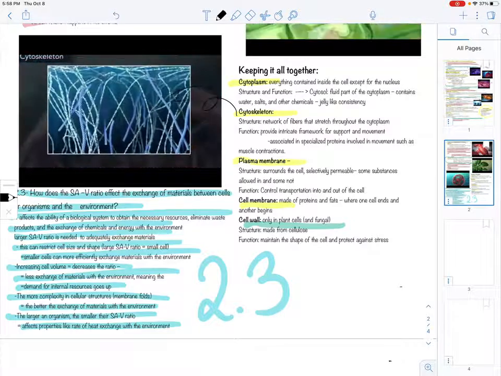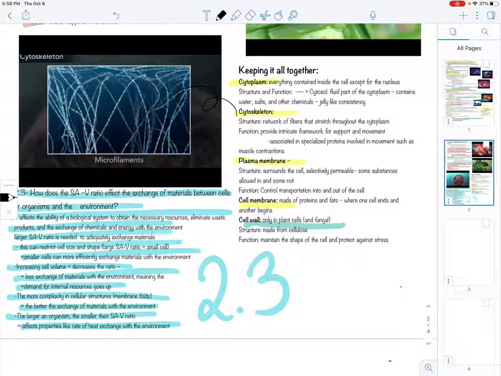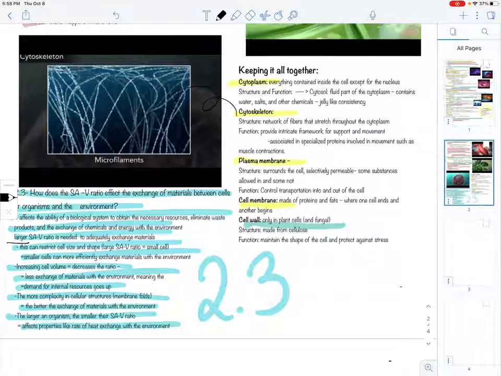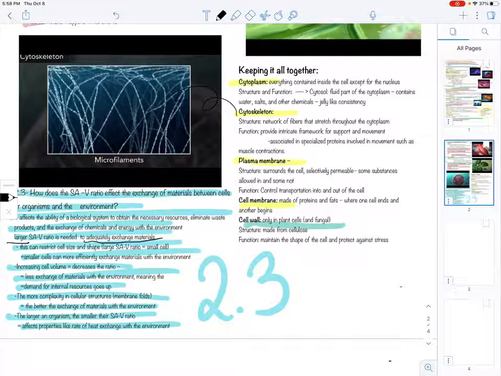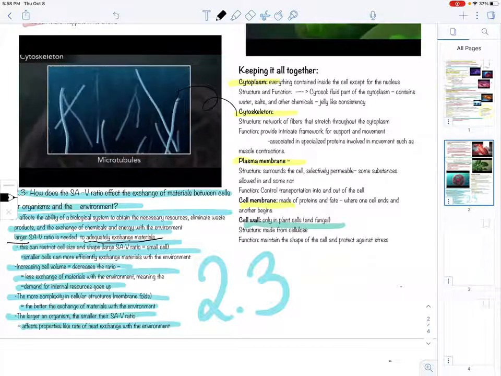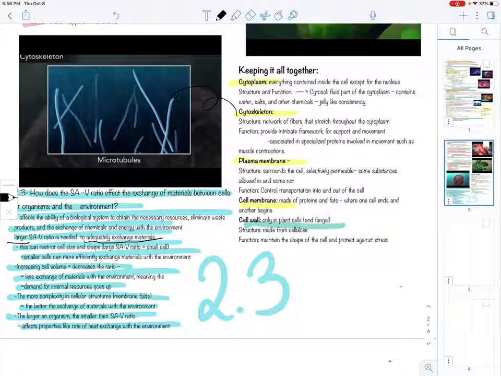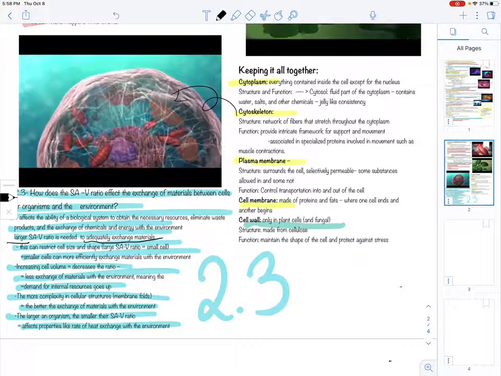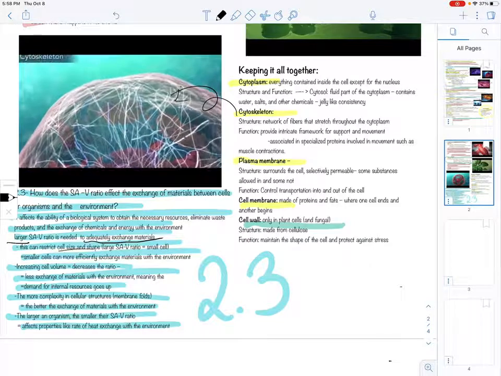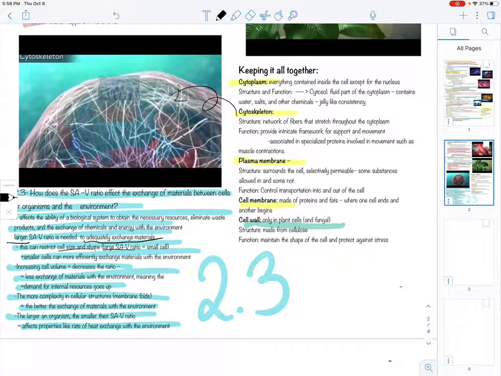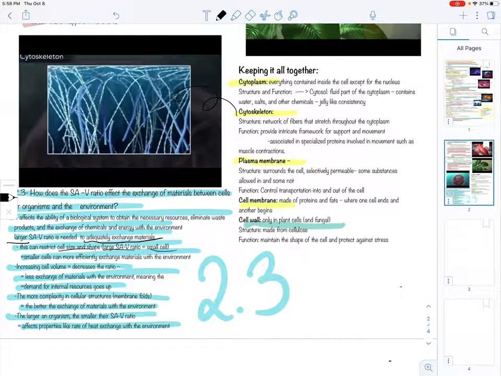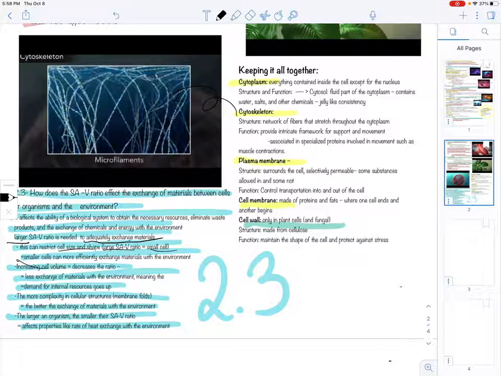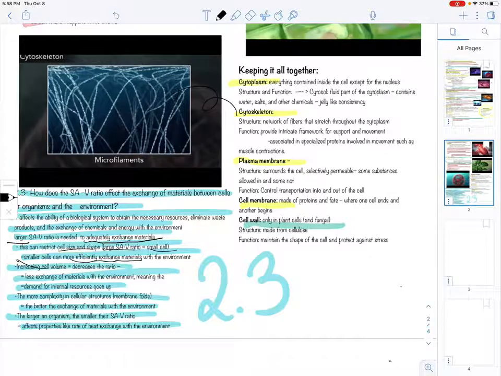We need a larger surface area to volume ratio if we want to be able to adequately exchange our materials. So that means that our cell size and shape is restricted. We need a larger surface area to volume ratio, which means we need to have smaller cells. If we have smaller cells, we can more efficiently exchange those materials with the environment.